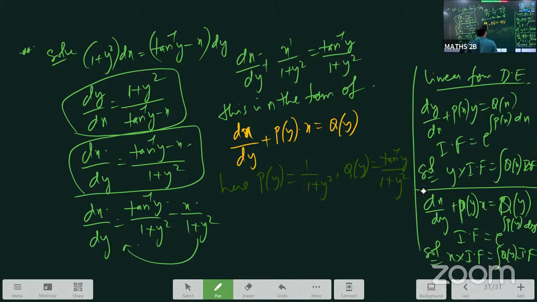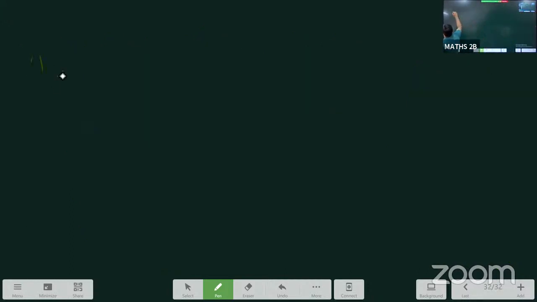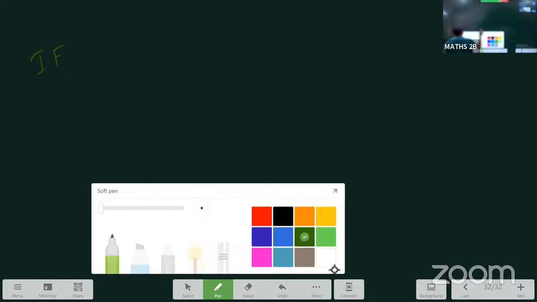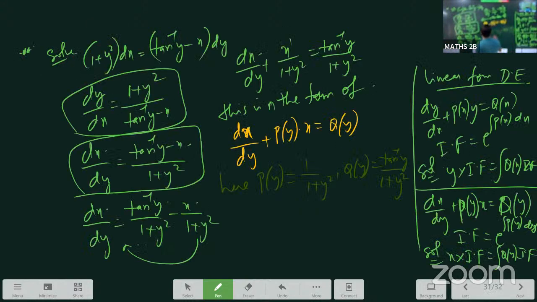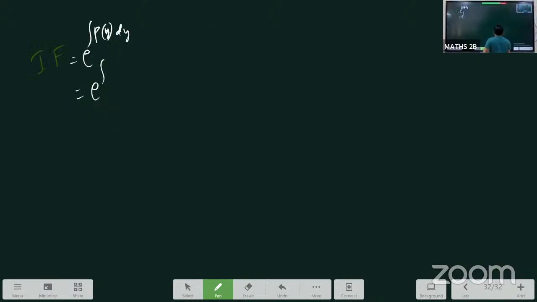Now let us do the integrating factor. Your integrating factor is e to the power integral of p of y dy. What is your p of y? Go to your previous board. Your p of y is 1 by 1 plus y square.